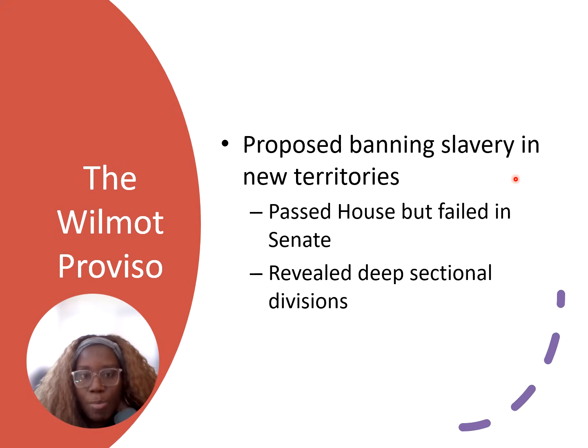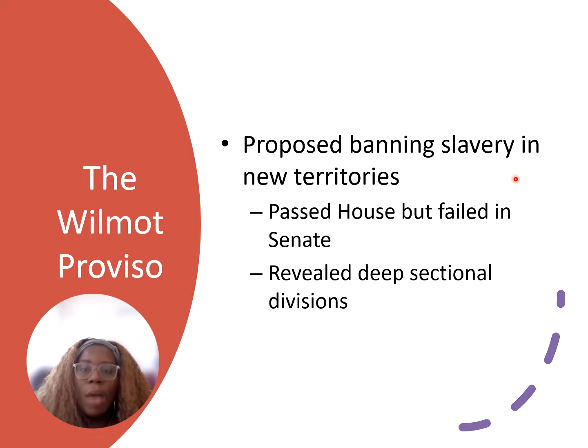So the legislative process itself began to break down. They could not figure out how to keep both the North and the South happy. And so this moment marks a shift from tension to the country being paralyzed, stuck, not knowing how to move forward. They did not know how to solve this conflict, and the nation became even more divided.